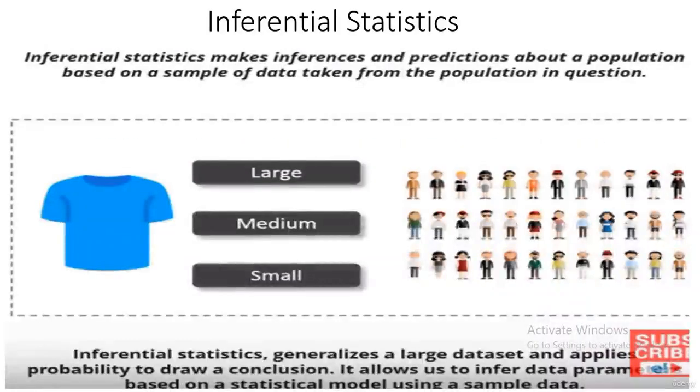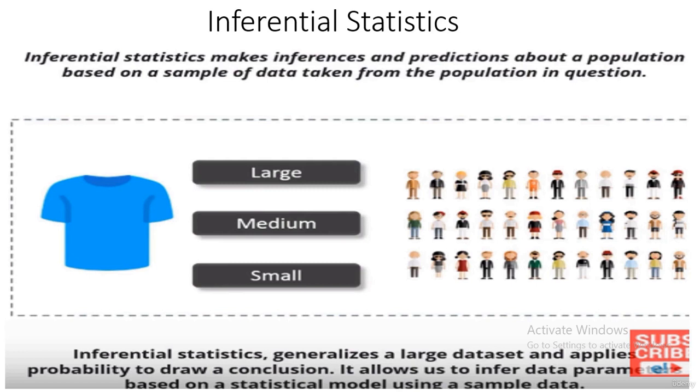But in the case of inferential statistics, we make inferences and predictions about a population based on a sample of data taken from the population. Earlier it was for everyone, but here the t-shirt is being sized based on a sample of the population. It generalizes a large data set and applies probability to draw a conclusion. Which size will fit?